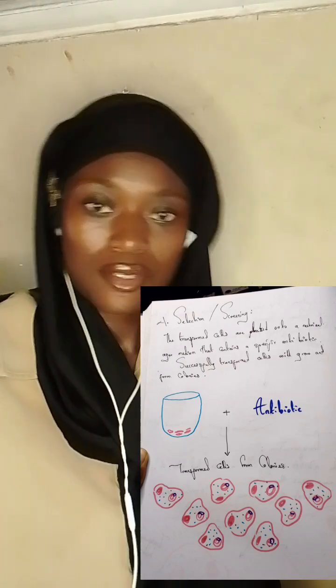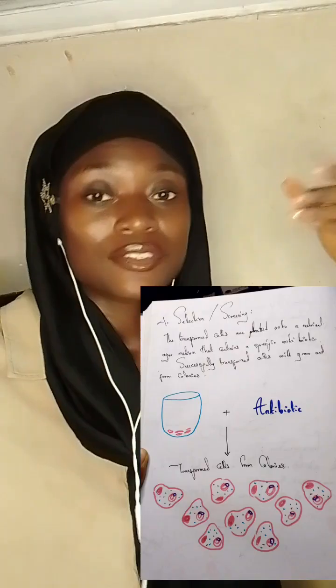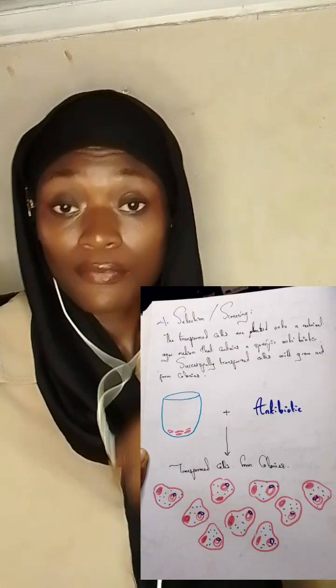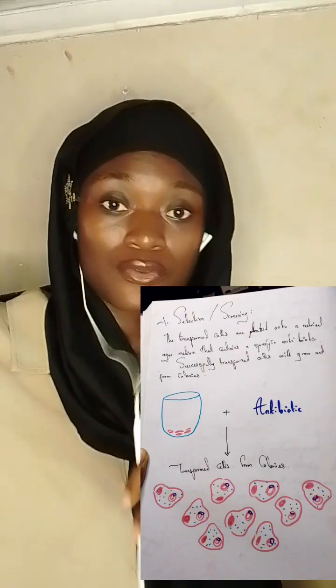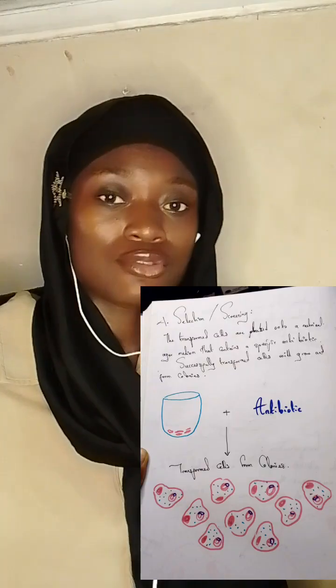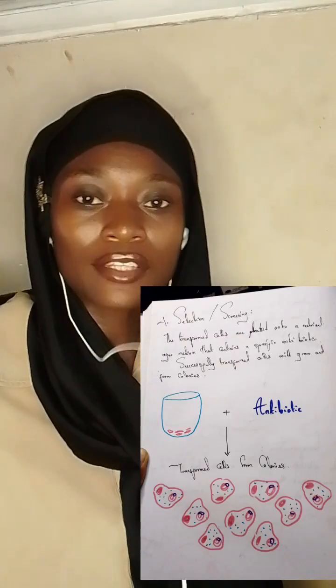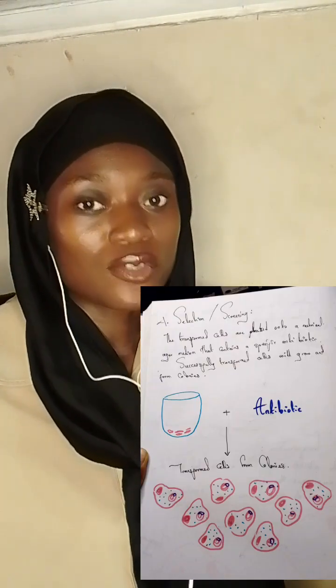After the selection or screening, these bacterial cells that have been confirmed to be transformed will then continue to grow. They will be put in an environment that supports their growth, that supports their fission, their cloning, an example of such an environment being a fermenter. So the bacteria are grown in a fermenter where they grow and form colonies.